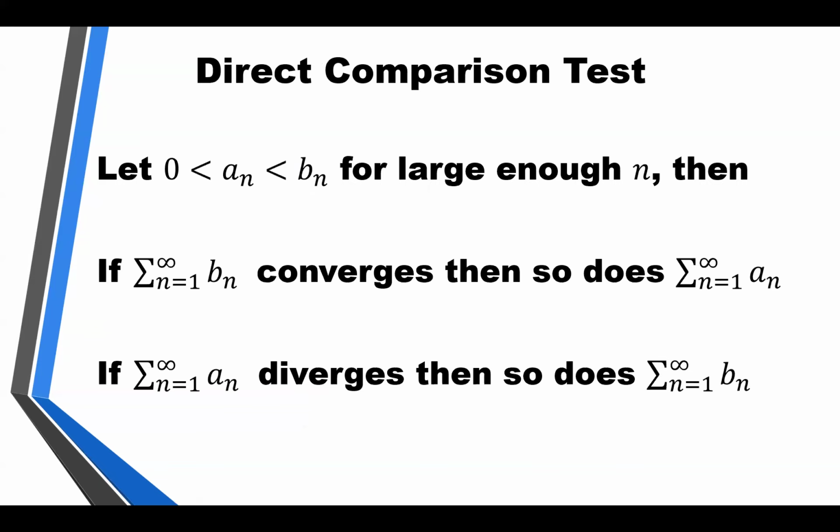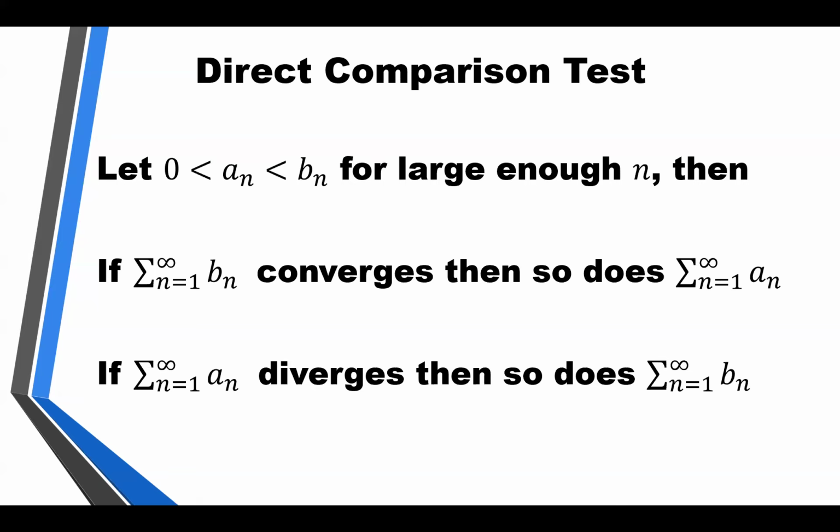We are going to look at two comparison tests. We'll deal with the direct comparison test first, and then we'll do the limit comparison test. Both of them are going to be useful, but the limit comparison test is the one that I tend to use more often.